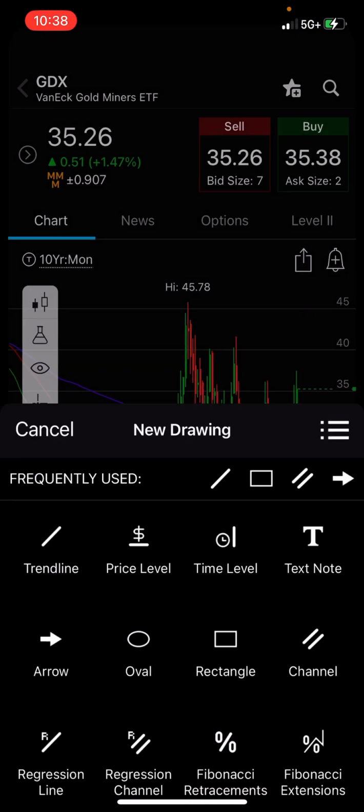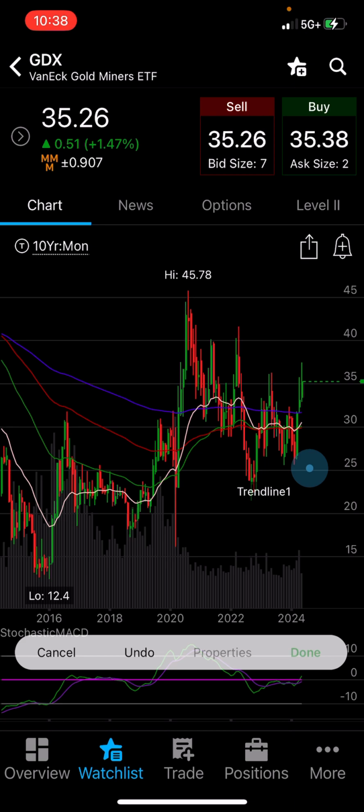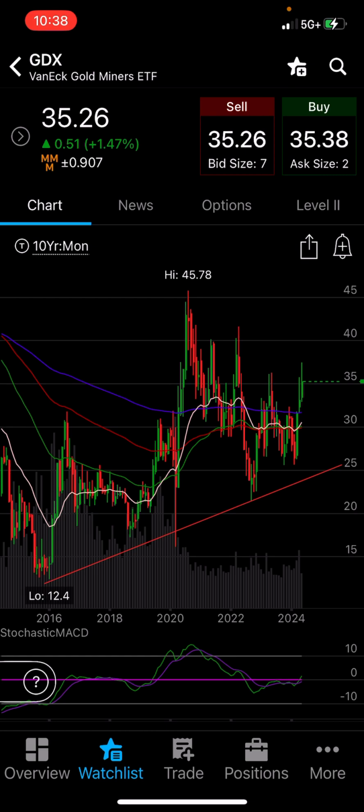Let me show you something. Put it right here. Again, these are not exact. So you do like the fact that the lows continue to get higher, right? We can see that there, even from way back in 2016.